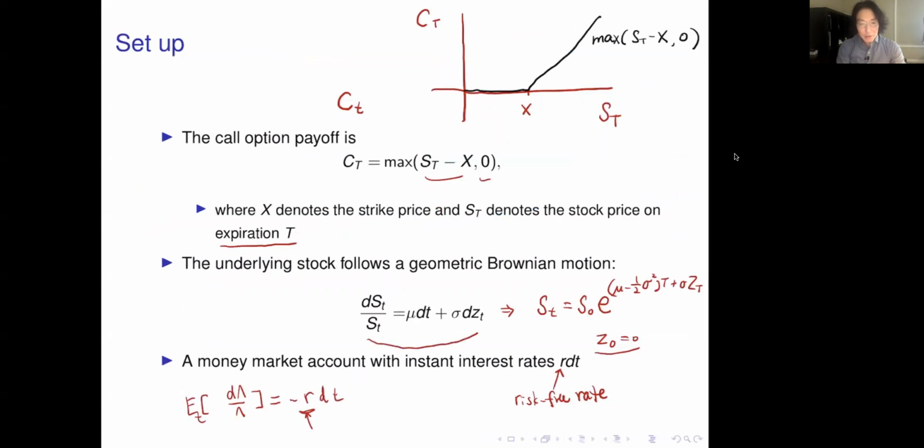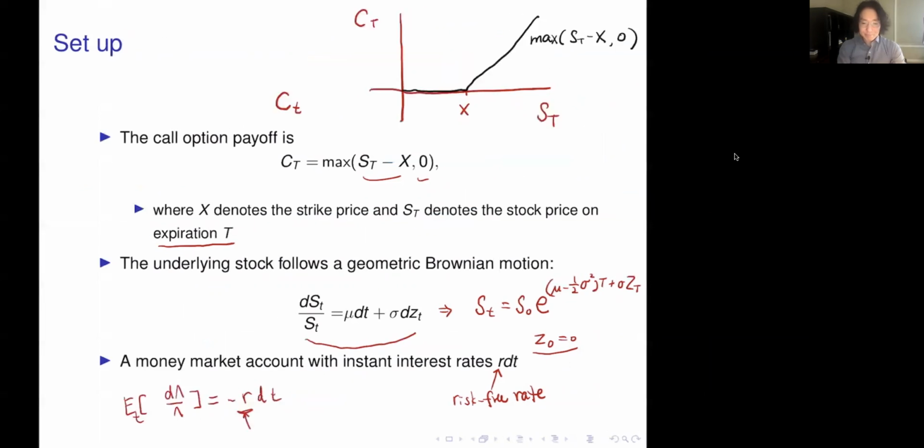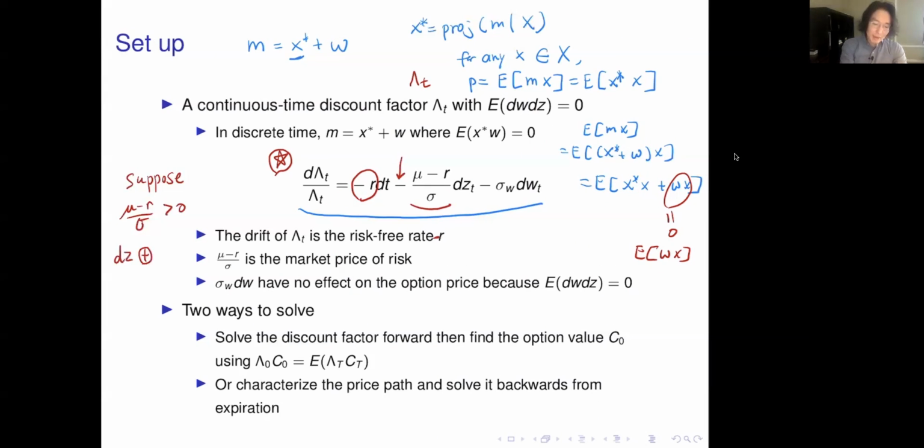So when dZ is positive, stock return is going to be high. When dZ is positive, dS over S is also positive, right? So a positive shock in Z is also a positive shock to the stock price. But that's a negative shock to the stochastic discount factor, correct?